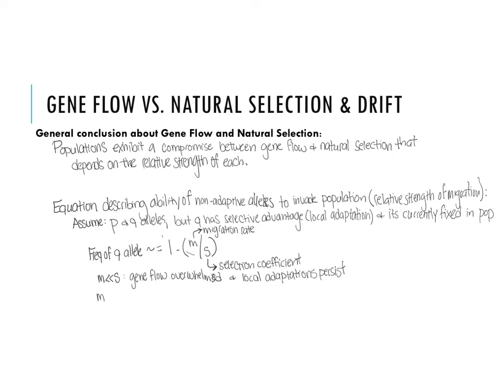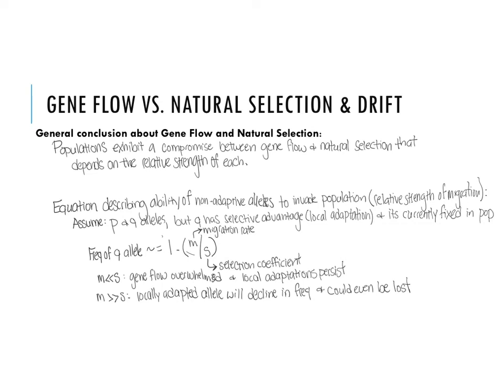All right, but when migration is much larger than the selection coefficient, then the locally adapted allele will decline in frequency. And depending on how much migration is happening, it could even be lost.